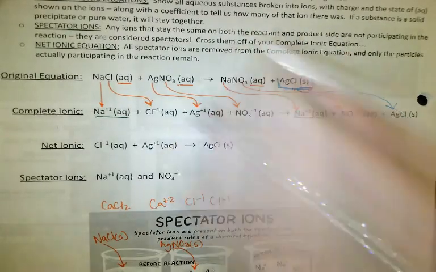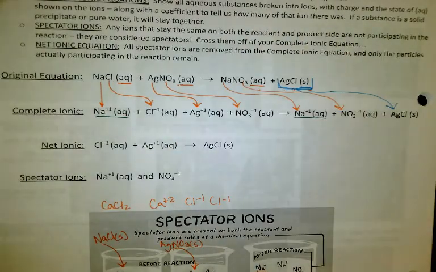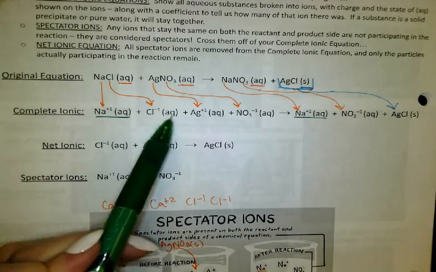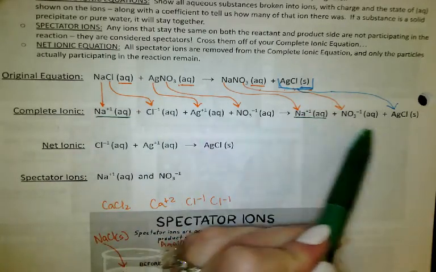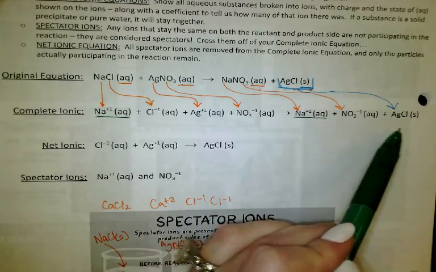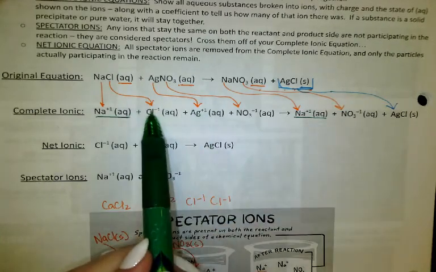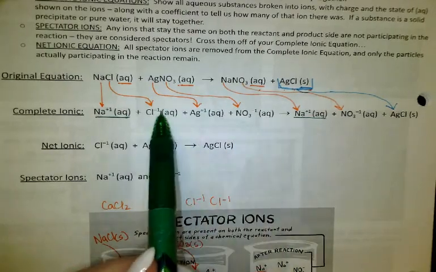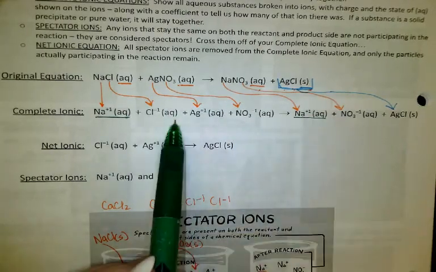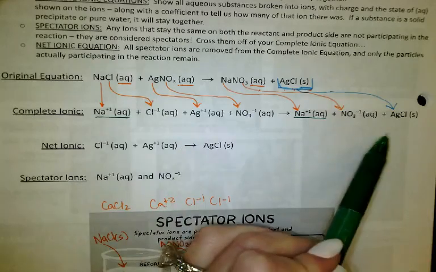That is considered a spectator ion. Look at chlorine though. I got chlorine -1 on my reactant, but notice chlorine -1 is not in my products. I have it with the silver, but it has to be chlorine -1. It has to have its charge with it, okay? So chlorine is not a spectator ion. Silver is not a spectator ion, okay?